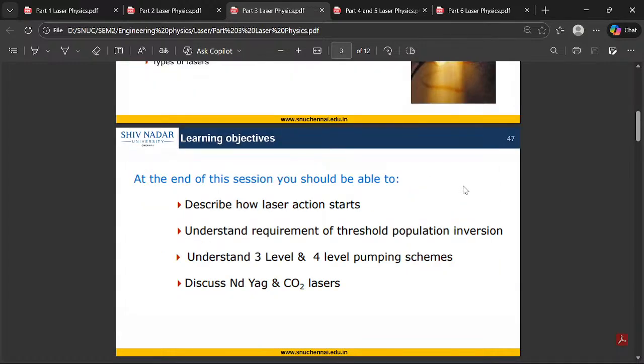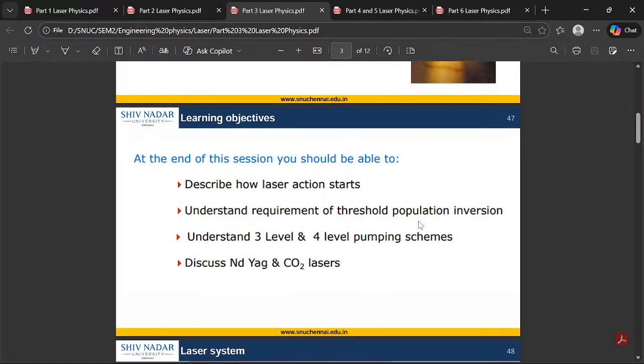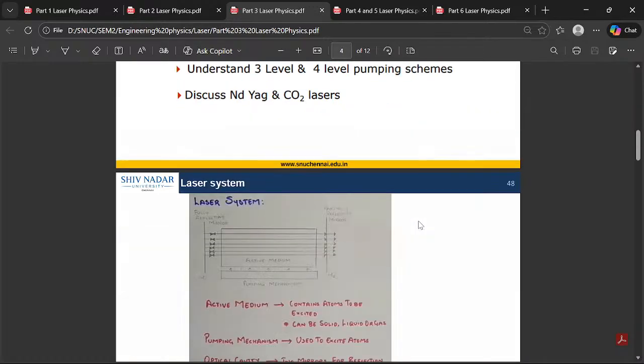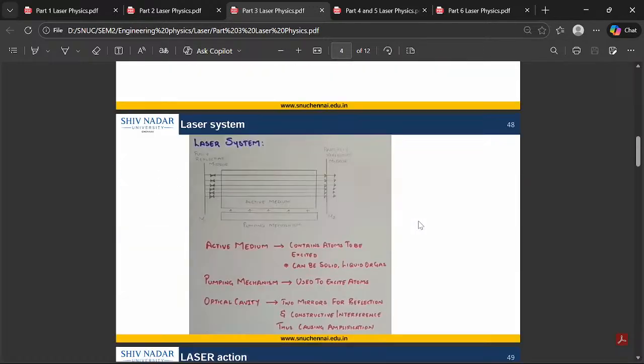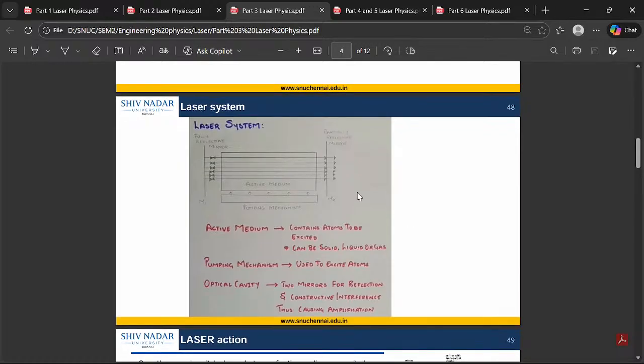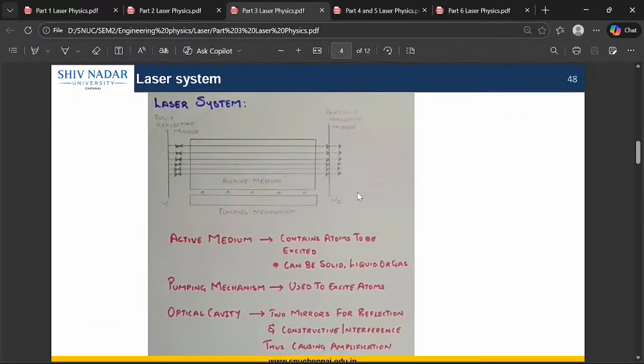This PPT explained how the lasing action starts, how to achieve the threshold population inversion so that lasing action can be further achieved, the three-level and four-level pumping schemes, and what the Nd:YAG and CO2 lasers are. So this is what a laser system totally is: an active medium, a pumping mechanism, a fully reflective mirror, and a partially reflective mirror.